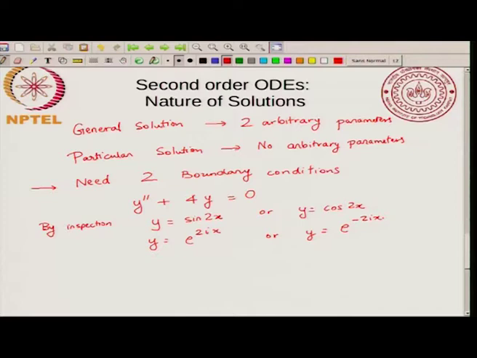Each of these is a valid solution. You can verify. Suppose I take the first derivative of this, I will get 2 cosine 2x.